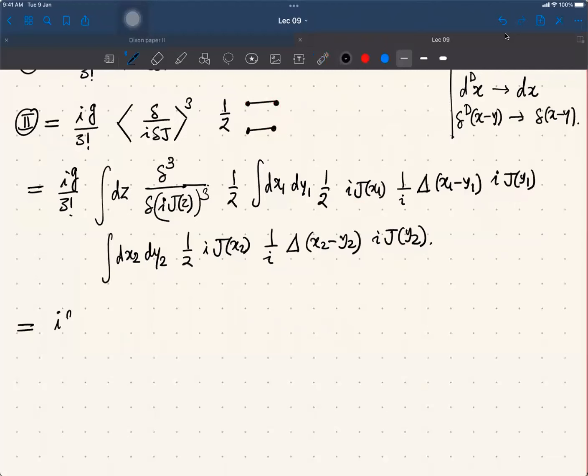So you have Ig, then the existing factors in the denominator are factorial 3 times 2 times 2 times 2. There are three 2's.